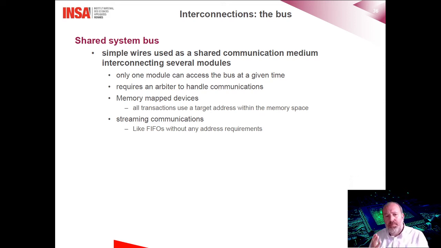It means that it requires an arbiter to manage internal communication. In this type of system, all devices are usually memory mapped, meaning that all transactions use a target address within the processor's memory space. We'll talk about that in more detail a little bit later.